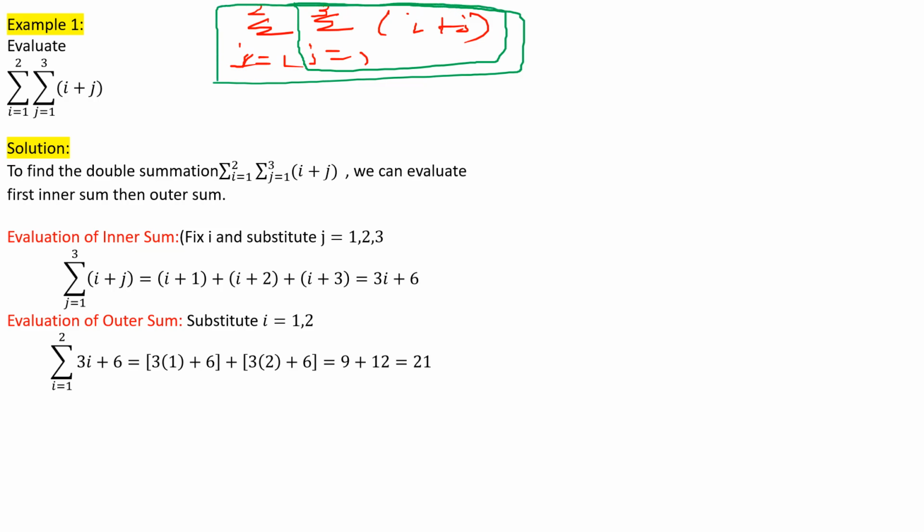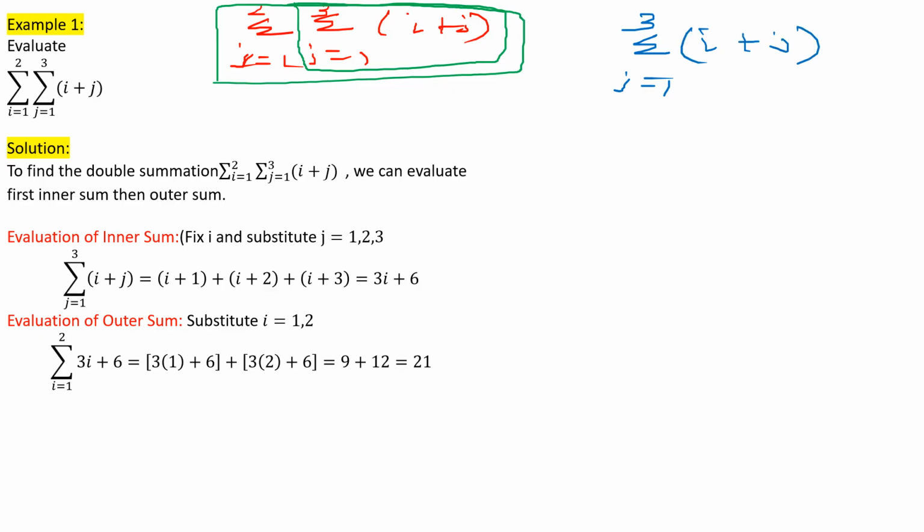To evaluate this double summation, first we have to evaluate the value of the inner summation, then we have to find the outer summation. The inner summation is sigma j = 1 to 3 of i + j.